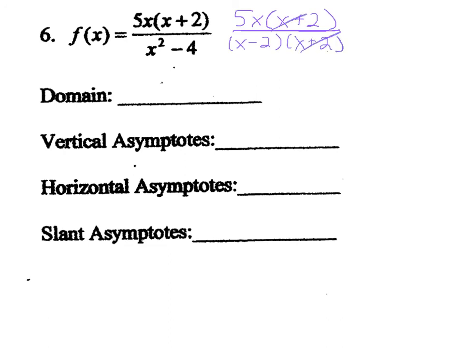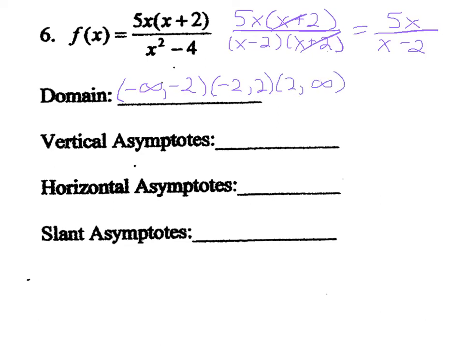And the x plus 2's cancel, so I'm left with 5x over x minus 2. So that will give me a hole instead of a vertical asymptote. But still, we cannot plug in -2. So my domain is negative infinity to -2, -2 to 2, and 2 to infinity. I'll still have a vertical asymptote at 2 because that did not cancel, but I'll have a hole at x equals -2 since the x plus 2's canceled.